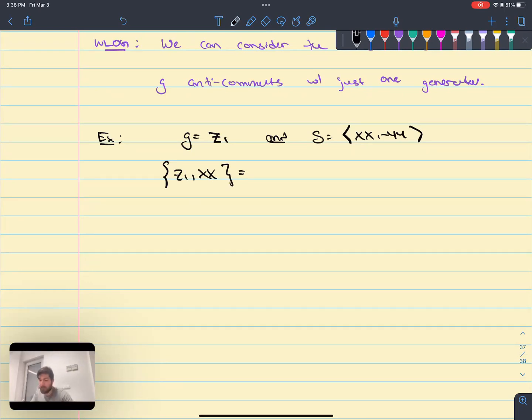Because on each of the tensor factors, there's only an odd number, more precisely just one, of the tensor factors that anti-commute. Z1 is the same thing as Z1 tensor identity. So on the second tensor factor, everything commutes. On the first tensor factor, Z anti-commutes with X or Y. So this whole thing anti-commutes.